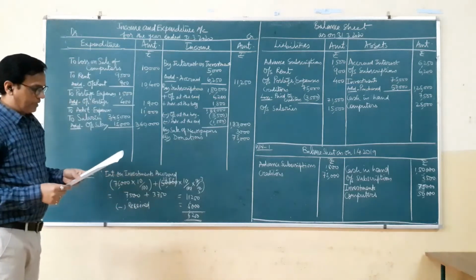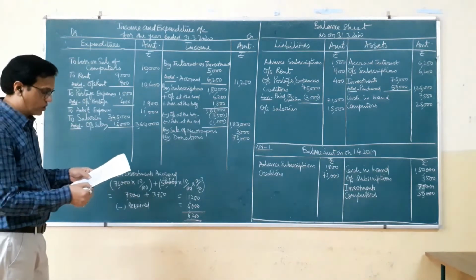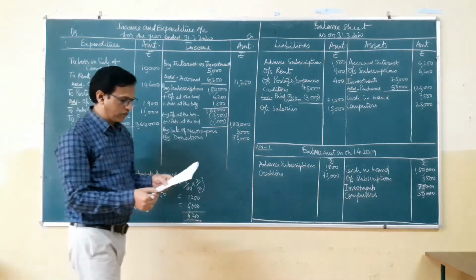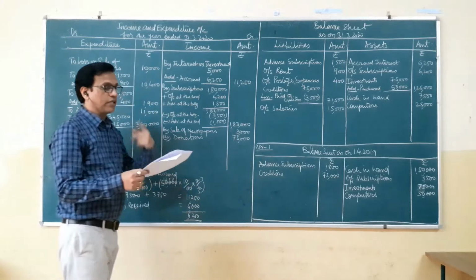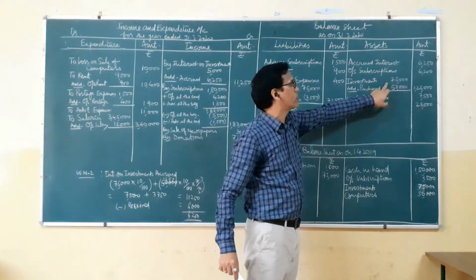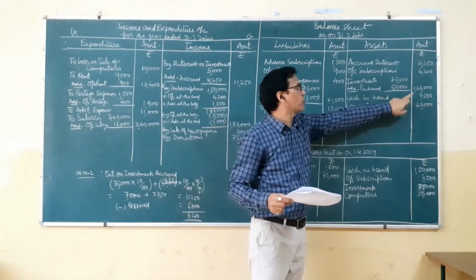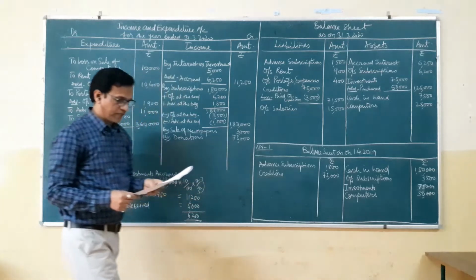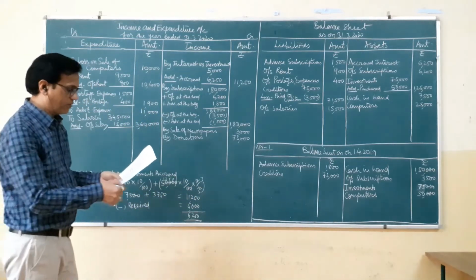Then next adjustment is the book value of investments on 1st April 2019, which was 75,000 rupees. So we have written 75,000 rupees. And new investments were purchased, so these investments have been taken to the closing balance sheet also, and the newly purchased are added, 50,000 rupees. So total 1,25,000 rupees. Then creditors on 31st March 2019 were 75,000.